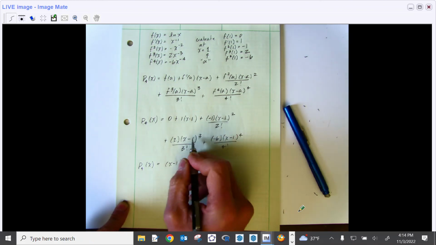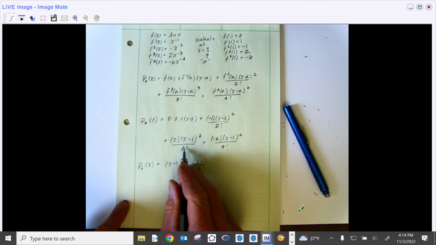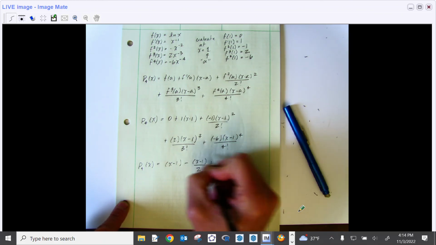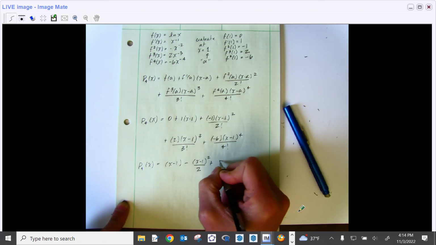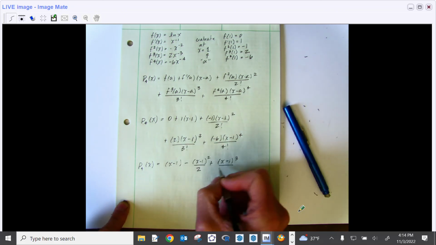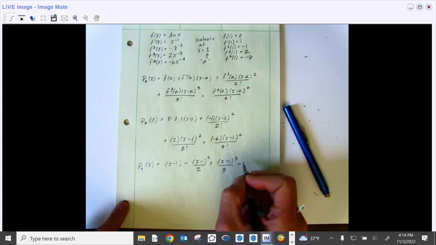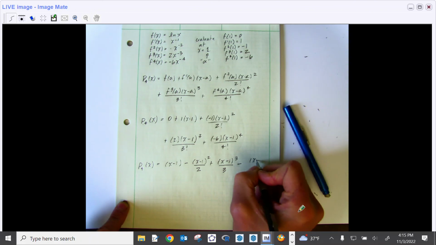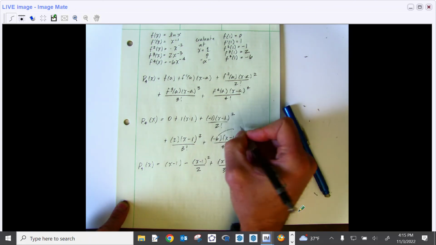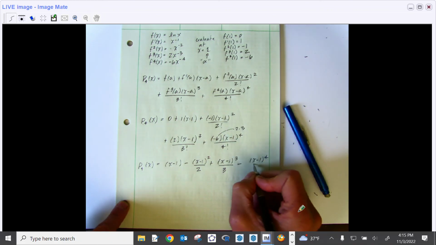The third term is plus x minus 1 to the third over 3 factorial, but the 2's cancel, so we get just a 3 there. And then this last one is a minus, x minus 1 to the 4th. 6 factorial has a 2 and a 3 in it, but there's a 2 and a 3 in here, so it's just over 4.